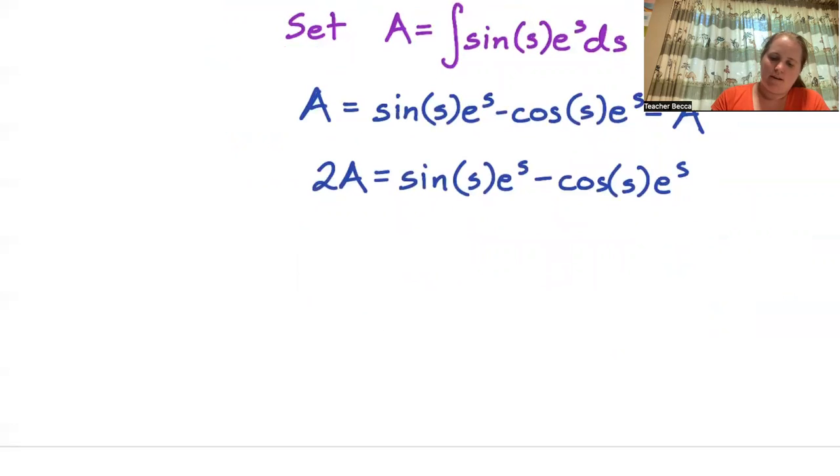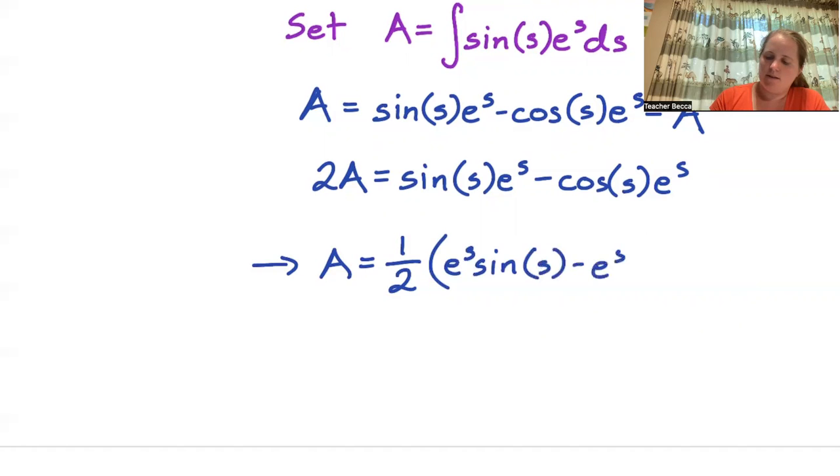And we therefore get that a is equal to 1/2 e to the s sine of s minus e to the s cosine s. That 1/2 multiplying the entire thing.